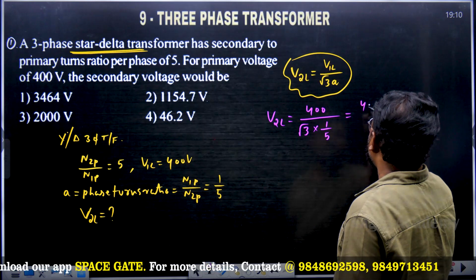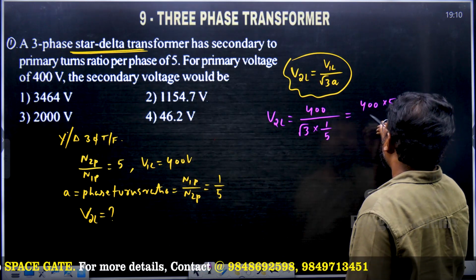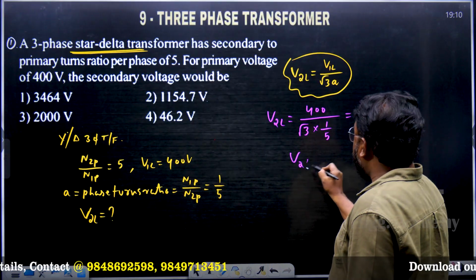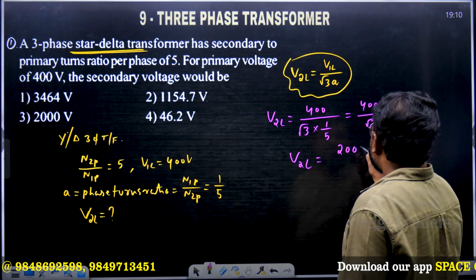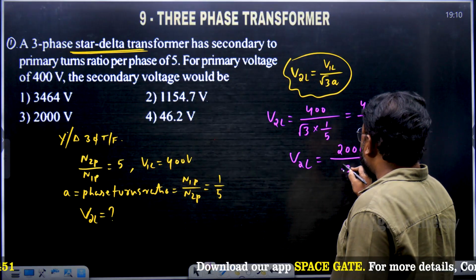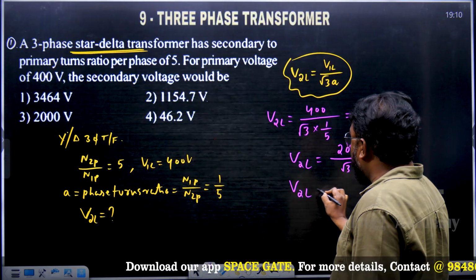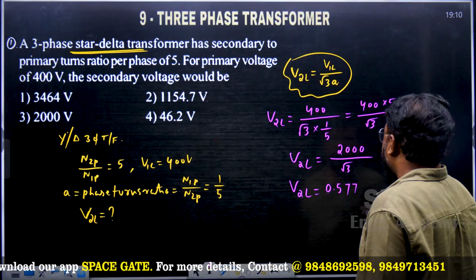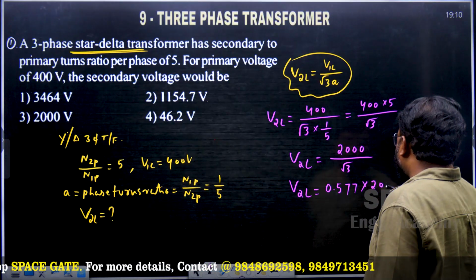Therefore this is equal to 400 into 5 divided by √3, so V2L is equal to 2000 divided by √3. 1 by √3 is 0.577, multiplied by 2000.